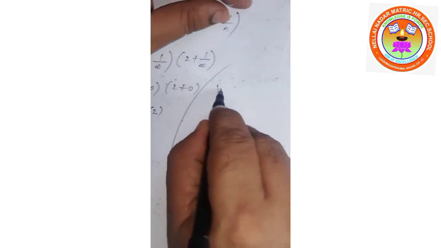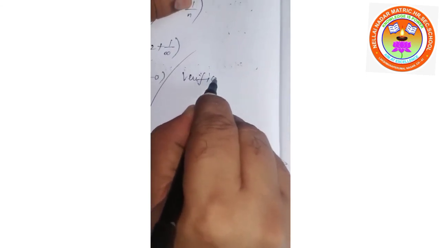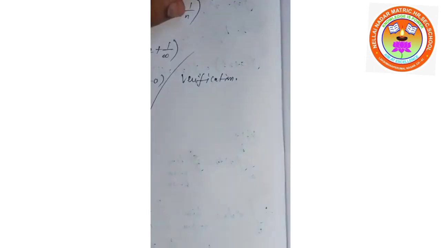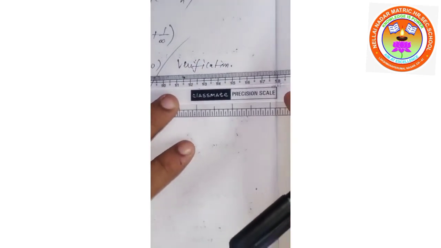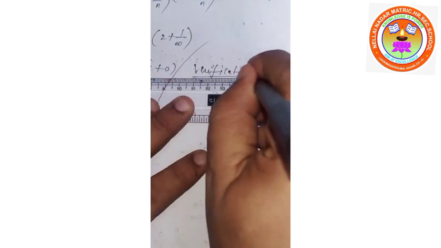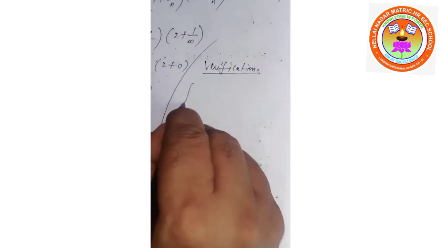So, verification part. The given question is integral 0 to 1 x square dx.